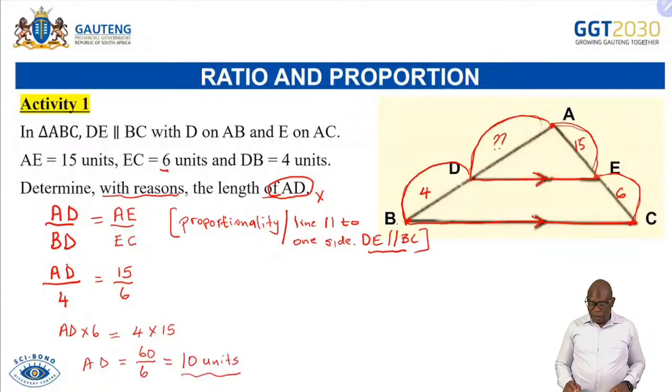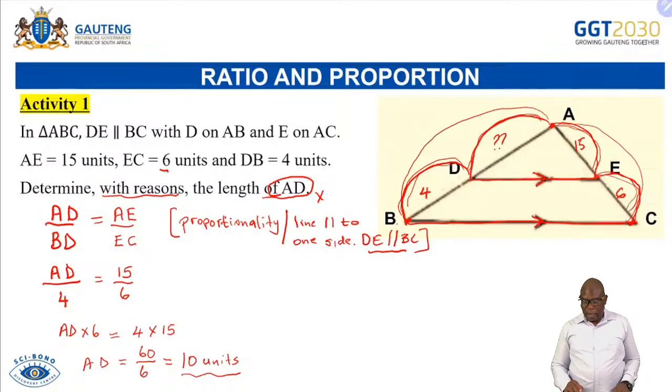The length of AD will go this over that, or this over that. Another way of doing that will be AD over this and AC over this one. But the challenge here is I'll have two unknowns.